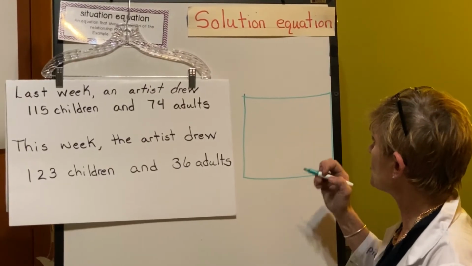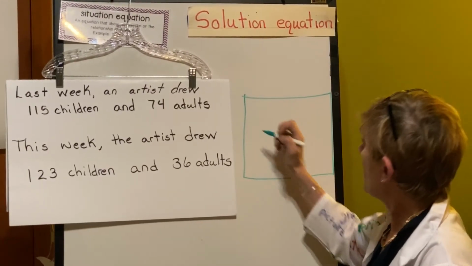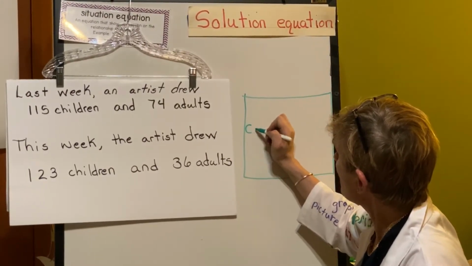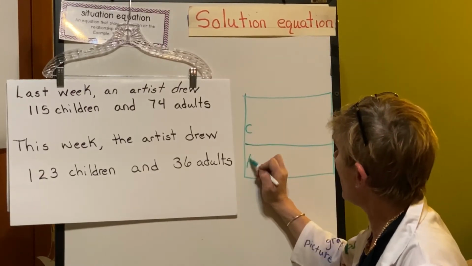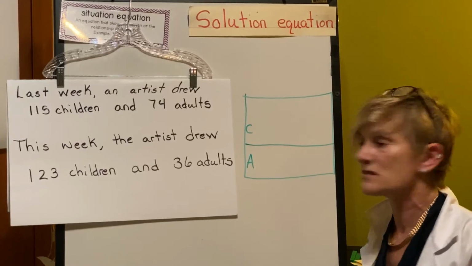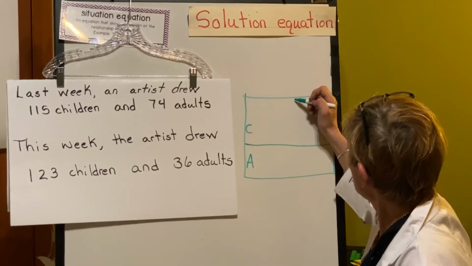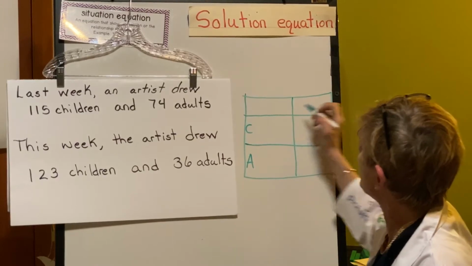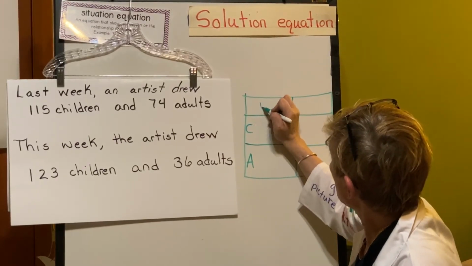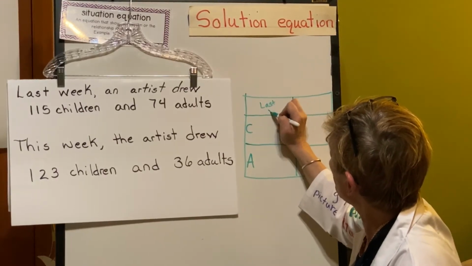So I'm going to just do it this way. I'm going to put a C for children. I'm going to put an A for adults. And then I'm going to put like a little title up here. I'm going to say last week.